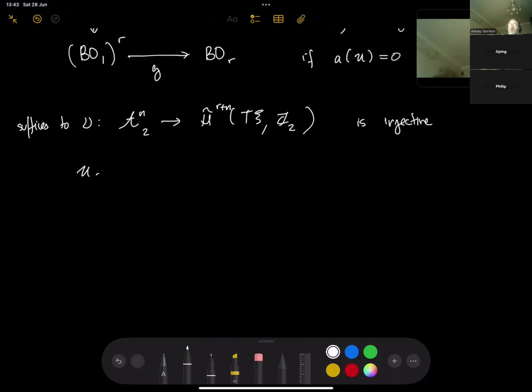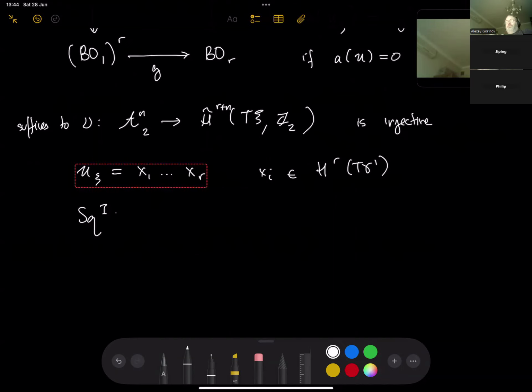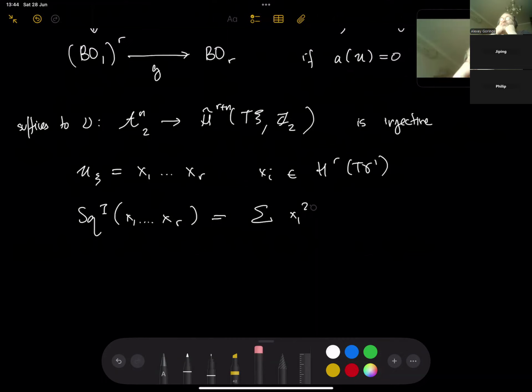Well, U psi is the product of Thom classes T gamma 1. And SQ I of x1 through xr can be written as a sum.